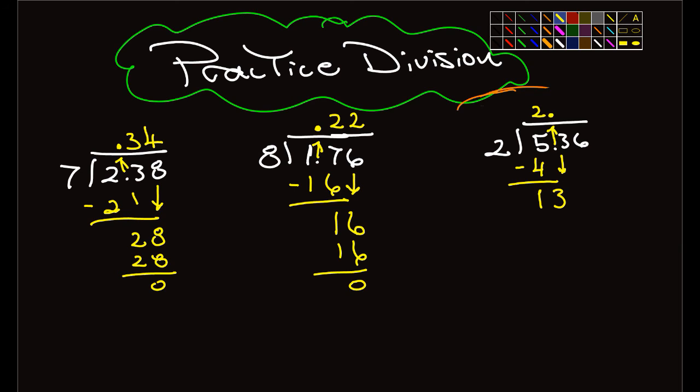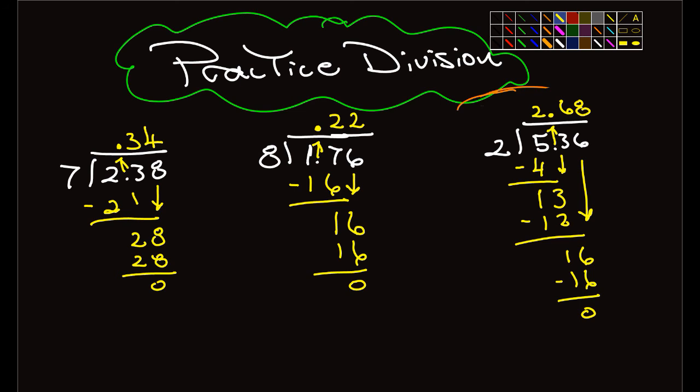How many times does 2 fit into 13? 6 times. 2 times 6 is 12. We're subtracting again. What's left over? 1. Bring down the next number, which is what? 6. Does 2 go into 16 evenly? It does. 8 times perfectly. 2 times 8 is 16. Is there anything left over? No. 16 from 16 is 0. So the answer to that one is 2.68.